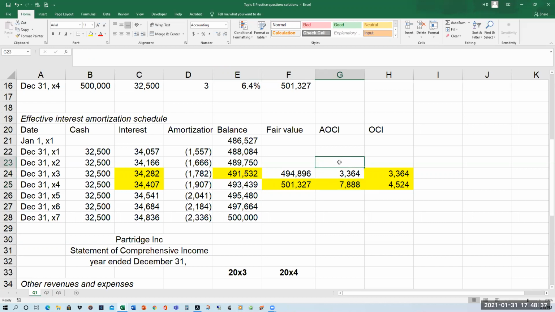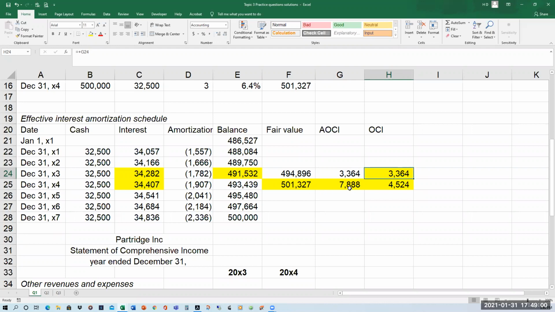Remember, there was no accumulated other comprehensive income from the past. So the first time when we reclassified the investment, we got $3,364 as AOCI, which necessitated an adjustment for 3,364 to be booked through the statement of comprehensive income.